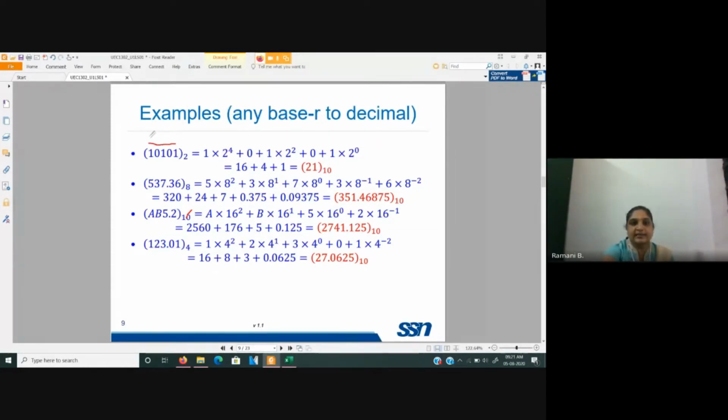The highest power will go to the leftmost bit position. So you have 1 into 2 power 4, then 0 into 2 power 3, plus 1 into 2 power 2, plus 0 into 2 power 1, plus 1 into 2 power 0. Adding all those will give you the equivalent decimal number. The same way we could do it for any number system.